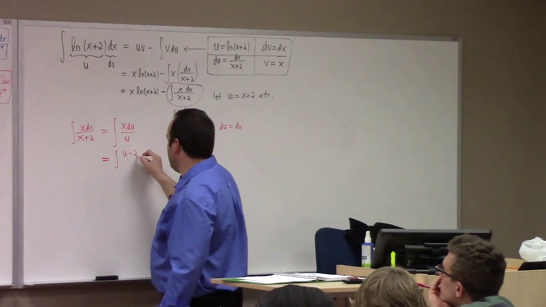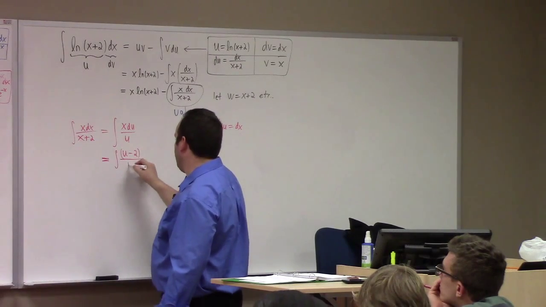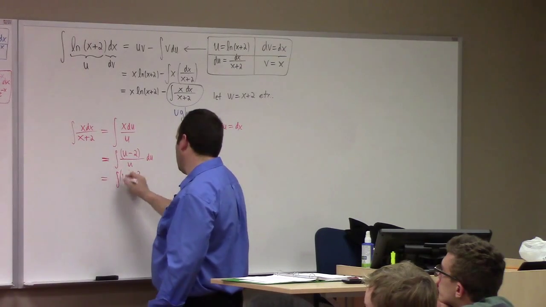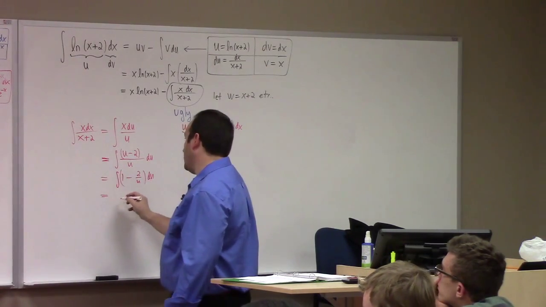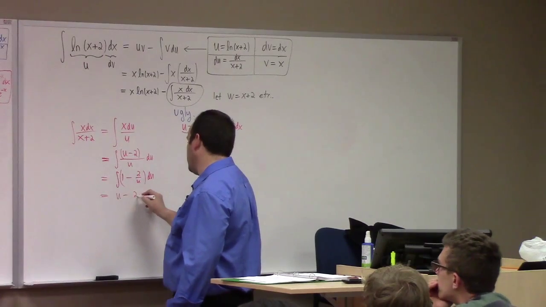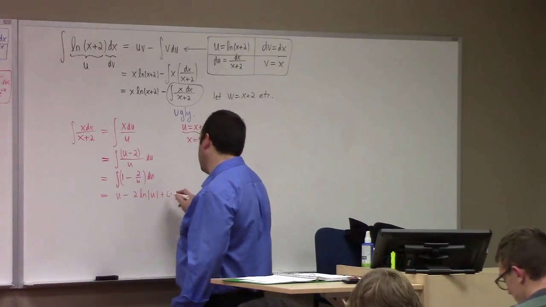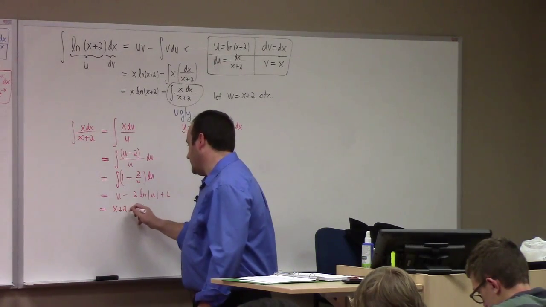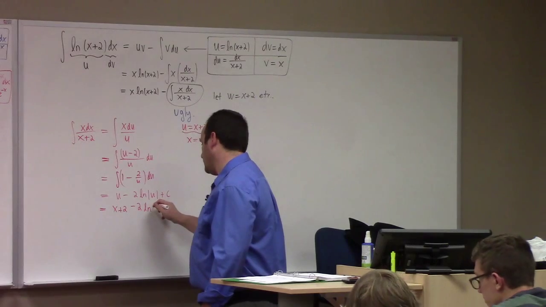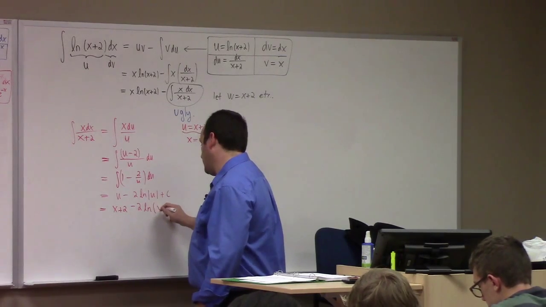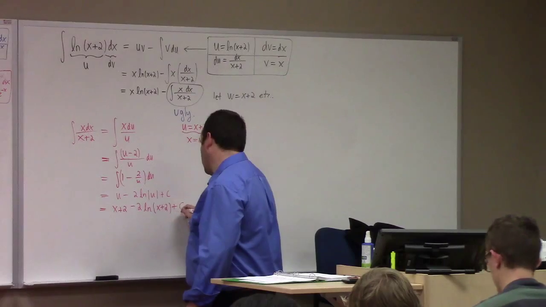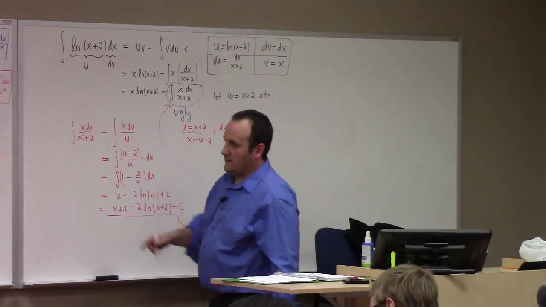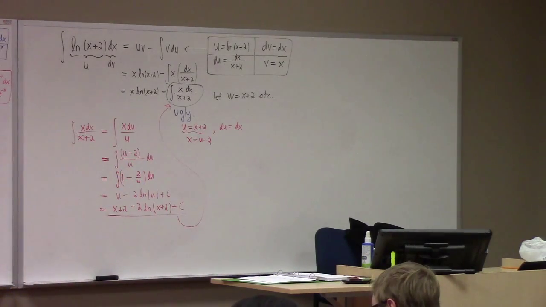So we have u minus 2 over u du, aka integral of 1 minus 2 over u du, which gives me u minus 2 natural log of the absolute value of u plus a constant, which gives me x plus 2 minus twice the natural log of x plus 2 plus a constant. So you take that, and it goes up in here, and it's the same answer as we got over here.